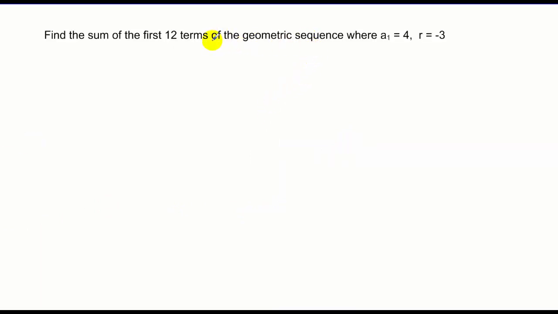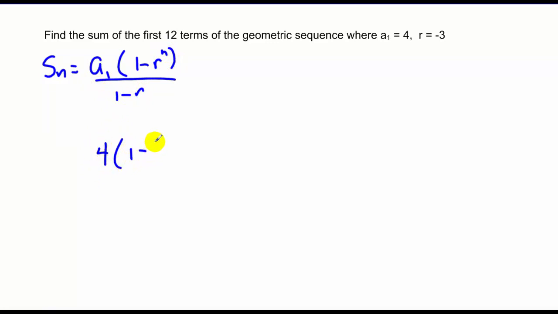Sum of the first 12 geometric terms where I have my first term and my ratio of -3. And again, the sum equals the first term, 1 minus the ratio to the n power over 1 minus the ratio. So I take my first term, plug it in, there's a 4, 1 minus -3.